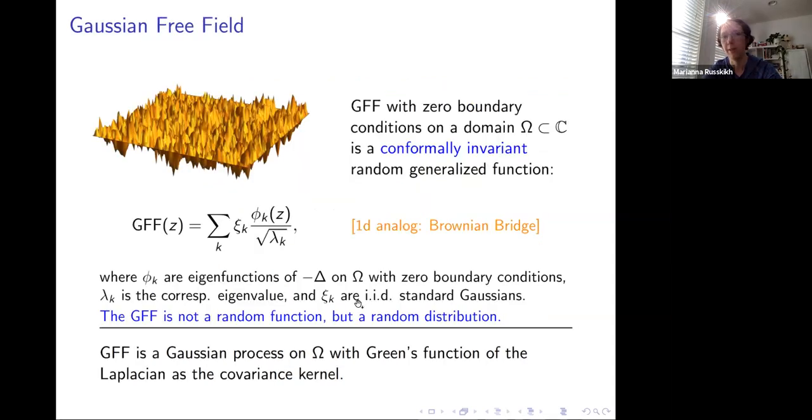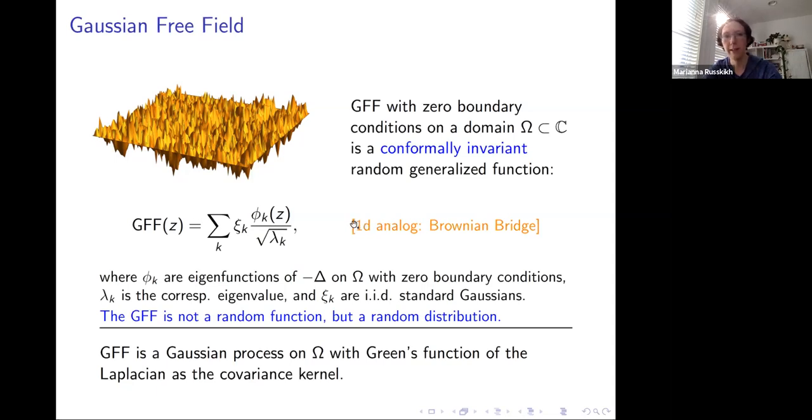So first of all, what is the Gaussian free field? If you don't know what this is, you can just keep in mind this picture. Actually, this picture is a simulation of the discrete Gaussian free field. And you can think about it as a two-dimensional version of the Brownian bridge.